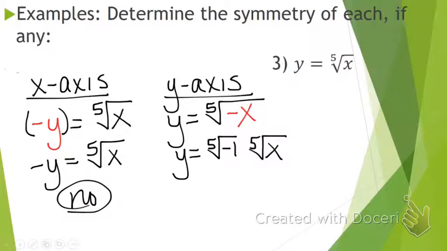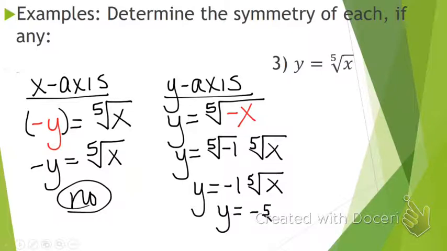The fifth root of negative 1 is negative 1, because if you multiply negative 1 five times, you do end with a negative 1. So that negative is going to come out, but the x has to stay. That is not a match. Or we could just say negative fifth root of x. But either way, that's a no.